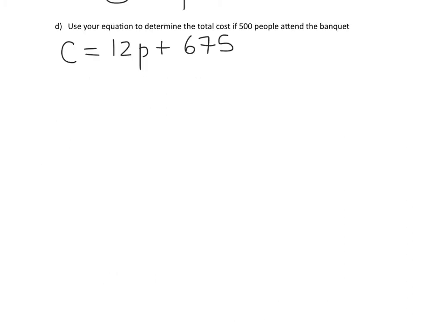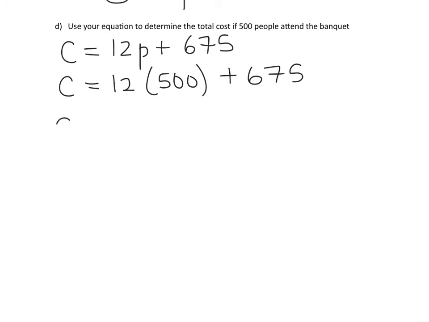So now in part D, we're asked to use that equation to determine the total cost if 500 people attend the banquet. So 500 people means that in the place of P, I'm going to substitute the value 500, and I'm going to solve for the total cost.